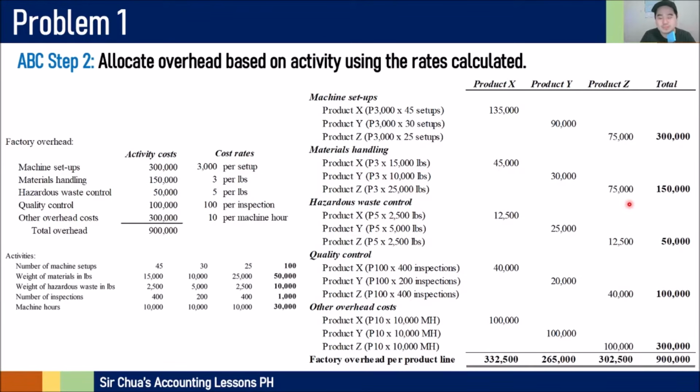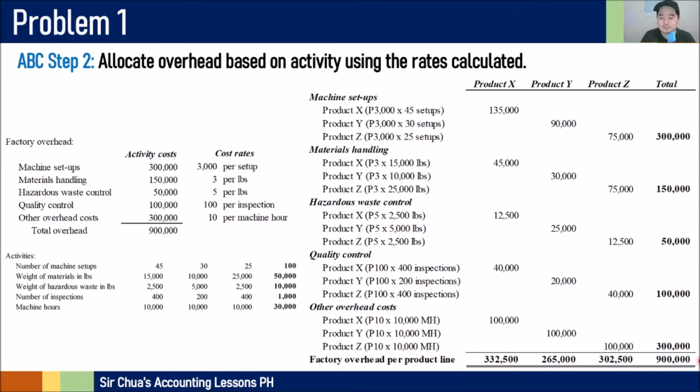So that will also be the same process that you will be doing in hazardous waste control. 5 per pound, tapos ilang pounds ba per product line. Quality control, 100 pesos per inspection. 100 pesos per inspection, you multiply it to the number of inspections. And then for your other overhead costs, magkano overhead rate ng other overhead per hour? 10 at kung ilang machine hours per product.